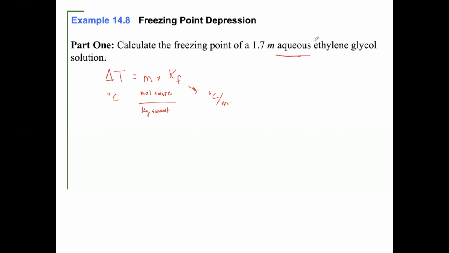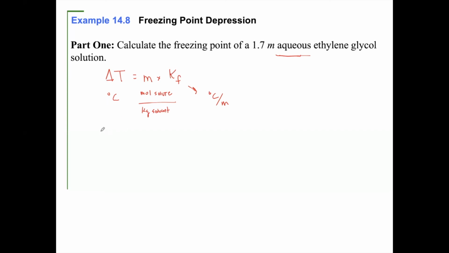Again, delta T is the change in the freezing point. It's going to help you find out what the new freezing point is. So we have ethylene glycol dissolved in water. We know that the freezing point of water is normally 0 degrees Celsius. What's the new freezing point when you add ethylene glycol to it?